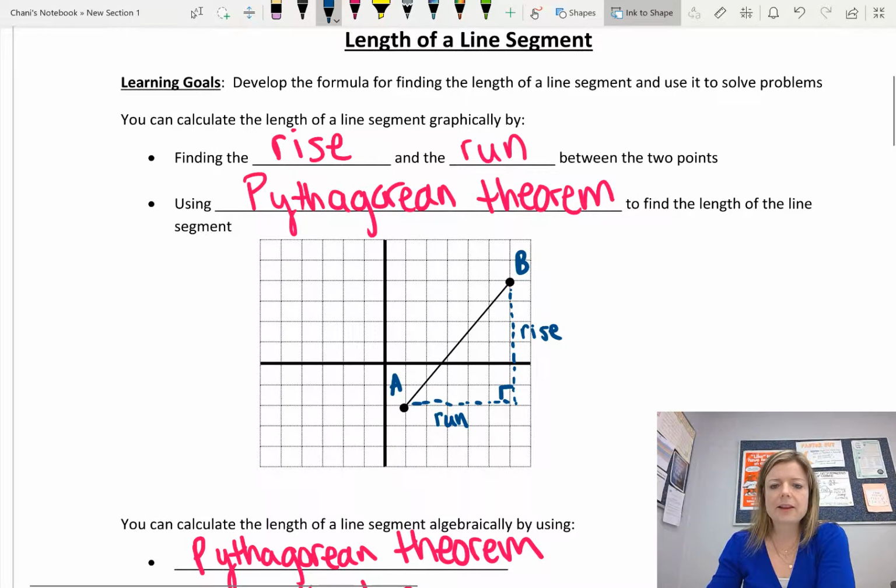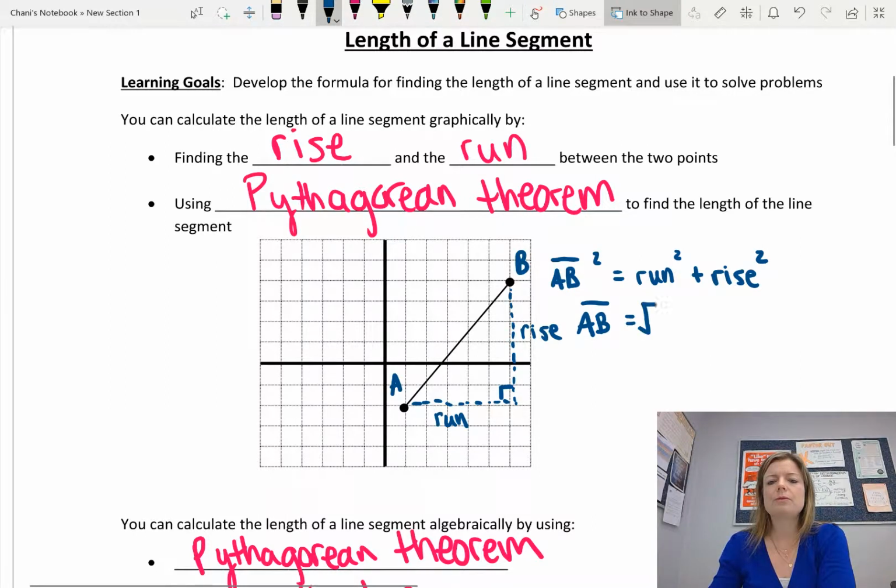We can say that the length of A to B, writing that as AB with a line over it, means the length of AB squared is equal to the run squared plus the rise squared. Okay, so the length of AB then is equal to the square root of the run squared plus the rise squared.